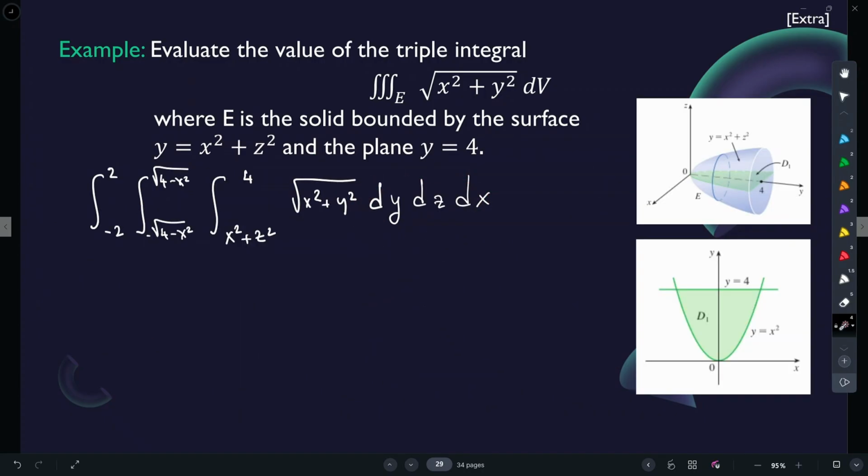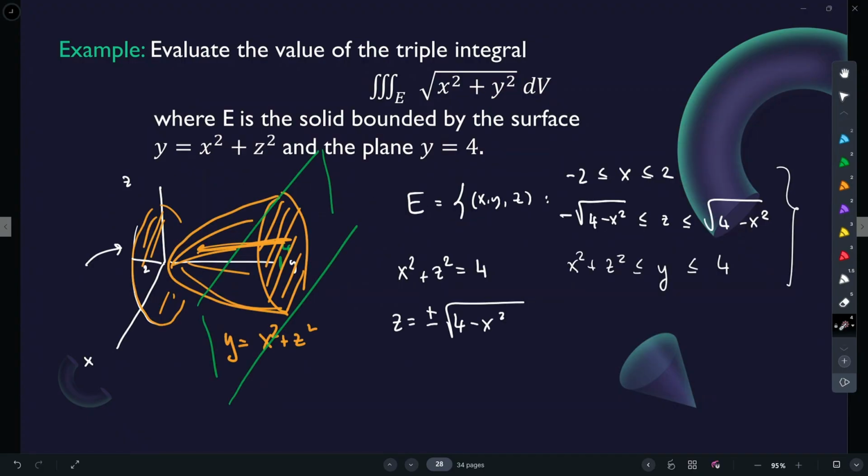This order? That's a good question. The order was the way I determined in what order I was describing my region. So I described my region as x goes from minus 2 to 2. I could have started with z if I wanted and say z is going from minus 2 to 2 and then tell you what x was. But my choice was I'm going to do x from minus 2 to 2.